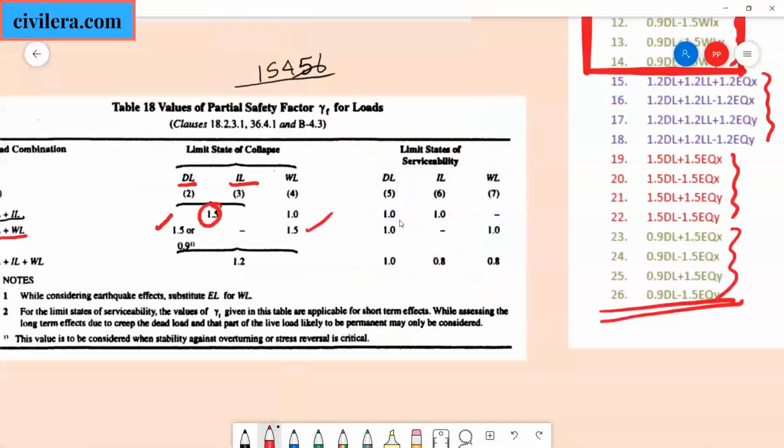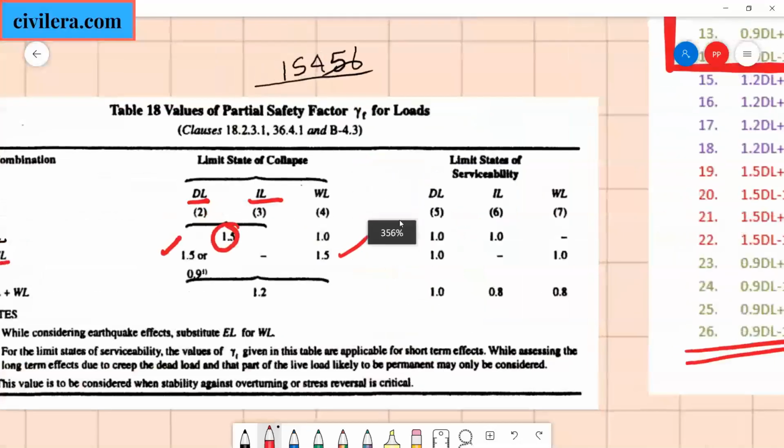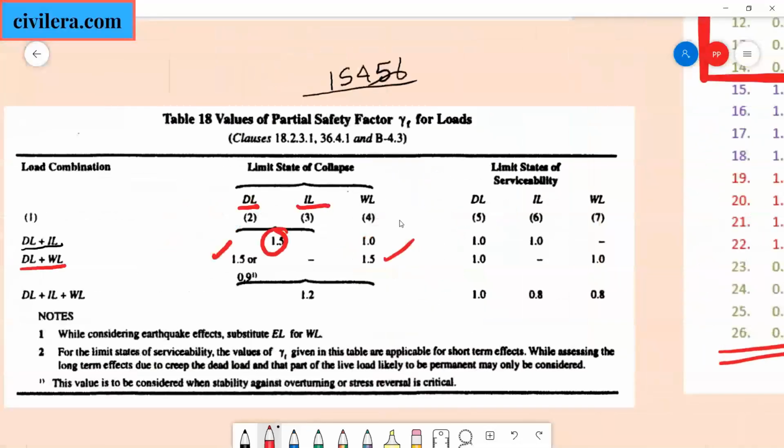Now, if you look at the code again, you can see here limit state of collapse. And here you can see a combination set called limit state of serviceability. Now, many of you might know, some of you might not know.